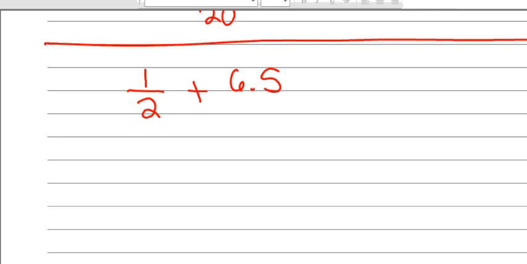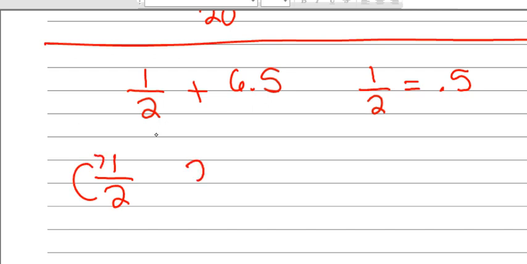So, if you're looking at the book, they want you to change everything to decimal. So, 1/2, you might already know that 1/2, or in money, half of a dollar is 50 cents, or 1/2 is 0.5. You might already know that. If you don't, we can always divide the bottom into the top.